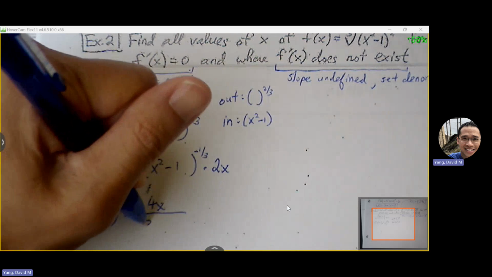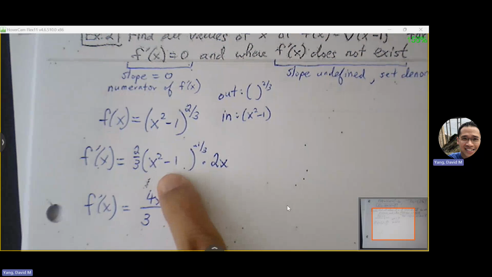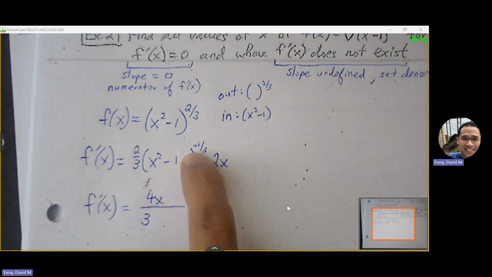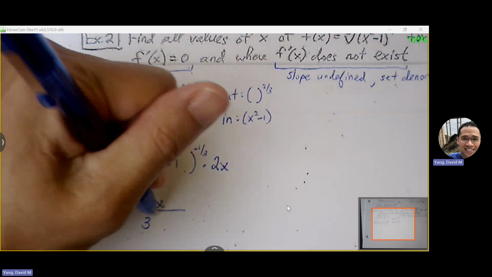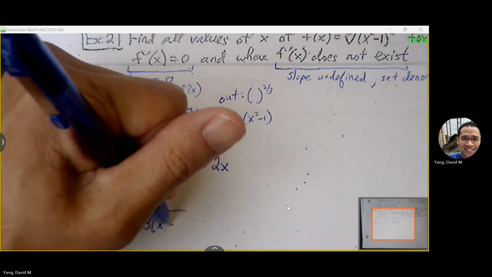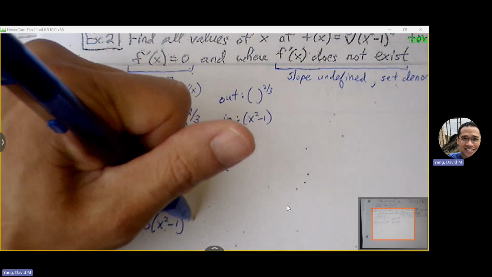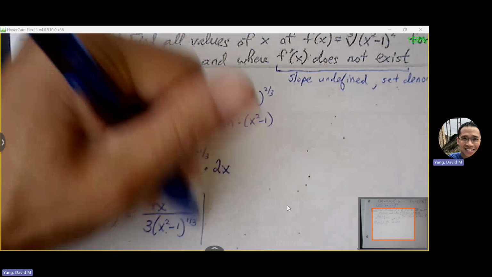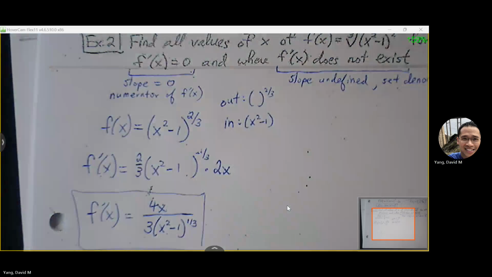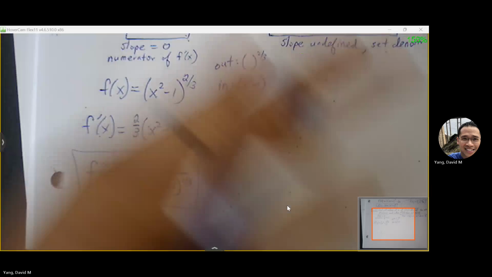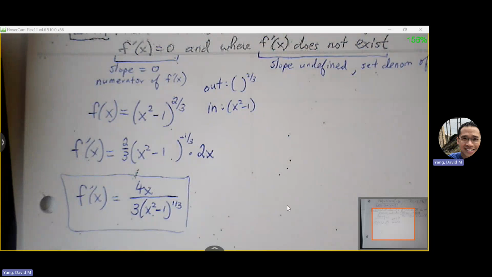The 3 is in the denominator. And I'm also going to put that x squared minus 1 in the denominator because it's got that negative exponent. I want to resolve that negative exponent. So x squared minus 1 to the 1/3. So this is my slope formula for this original graph, for my original function.